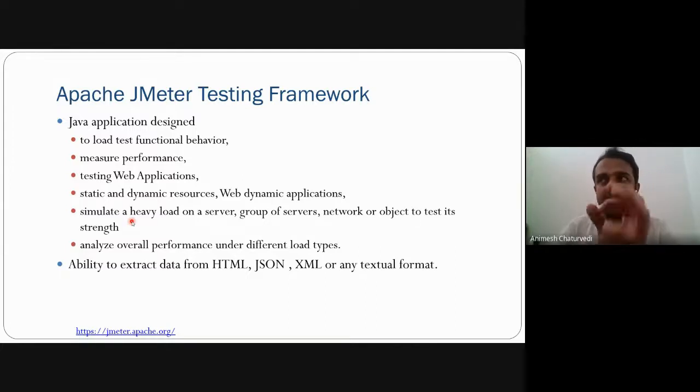So a particular resource is being called, a particular object is being called, so that the testing could be done. Then it can analyze performance under different load tests. So there could be many types of load testing possible. And there's the ability to test what type of front end, like HTML, JSON, XML, or any textual format. All these things could be tested and measured.